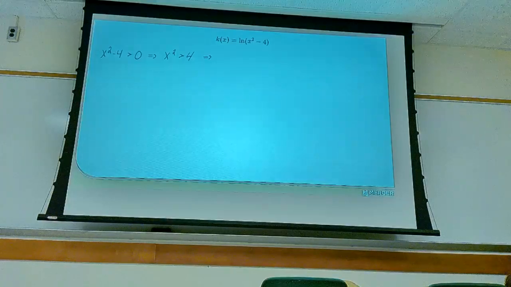You evaluated it wrong. X is, what's it called, plus or minus 2? So you can't write it that way. Absolute value of x is larger than 2.